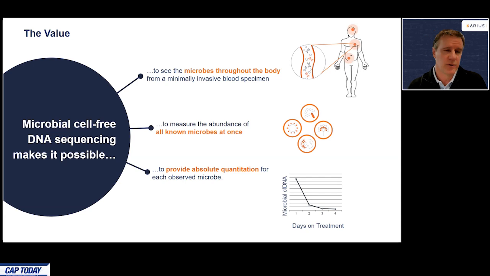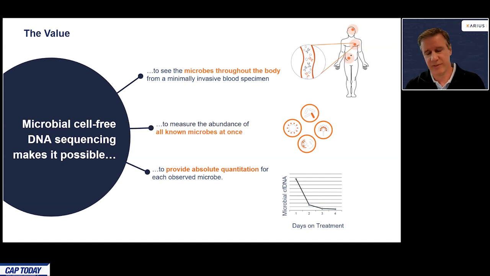But if you do the sequencing in a way that's totally non-targeted, you also have the ability to test for every known microbe, or every microbe with a reliable reference genome sequence, simultaneously, without having to develop any specific chemistries that are targeted towards one class of microbes or another.